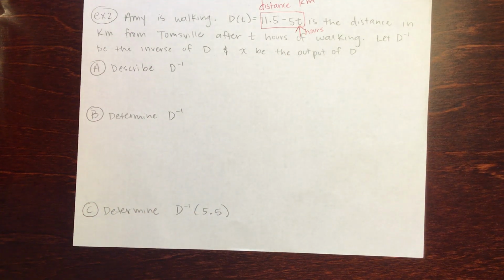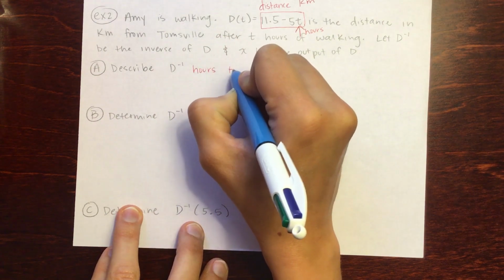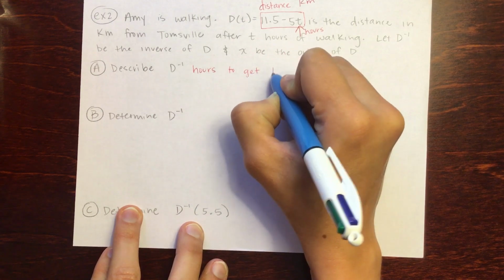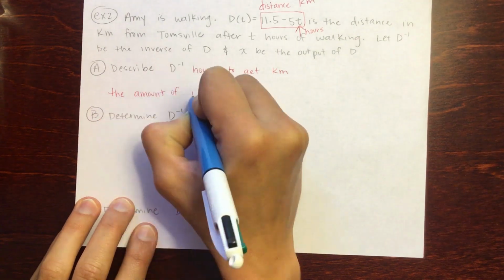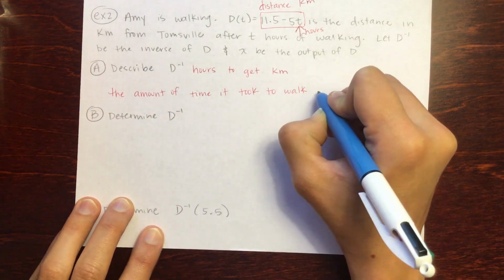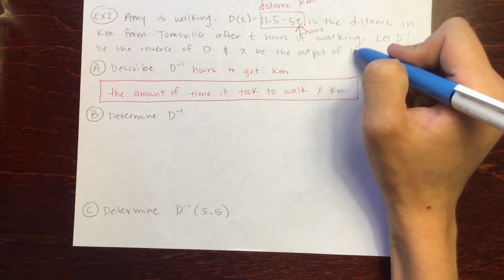So if I switch those units, then my inverse will tell me how many hours it took to get however many kilometers away. Or if we clean it up and write our description a little bit better, D inverse is the amount of time it took to walk X kilometers. They say use an X instead of D.